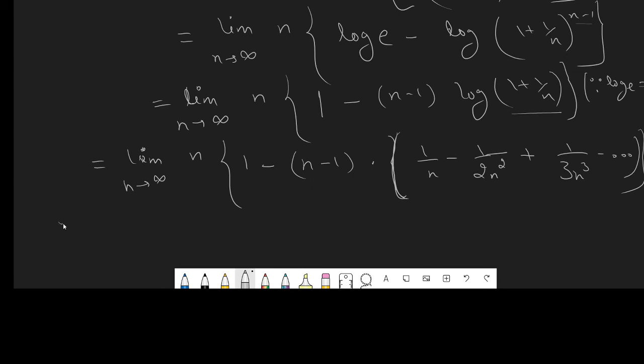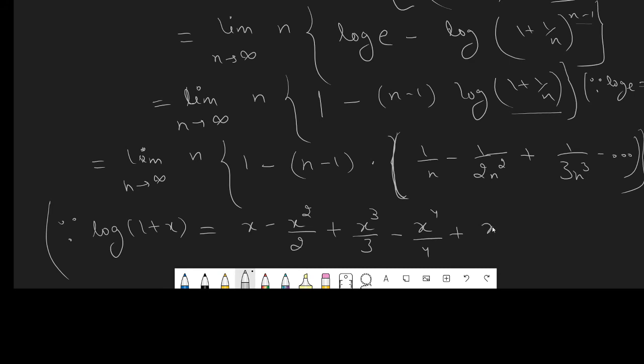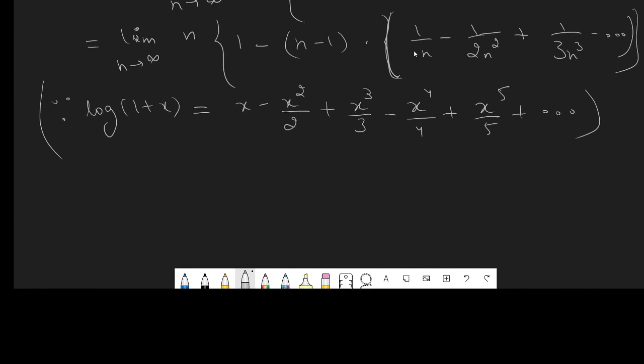Why? Because log (1 plus x) is equal to x minus x squared by 2 plus x cube by 3 minus x to the power 4 by 4 plus x to the 5 by 5 and so on. This is the expansion for log (1 plus x). That's why, instead of log (1 plus 1 by n), I'll write the expansion form.